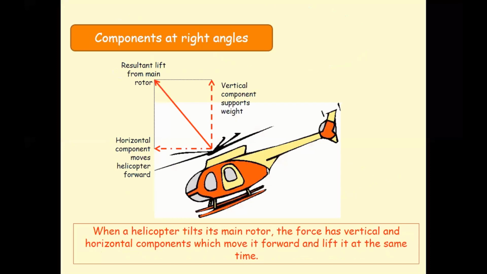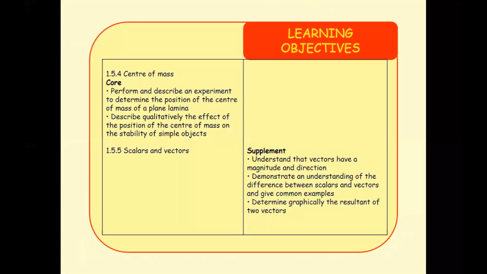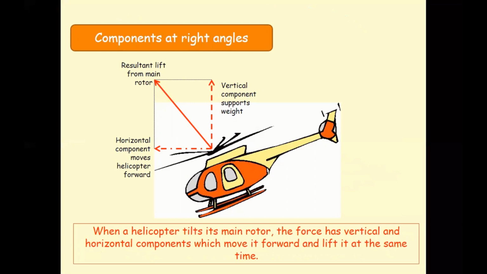And the components at right angles also help us make a proper vector diagram by using the head to tail rule, with the horizontal component along the x-axis and the vertical component along the y-axis. So this is kind of a supplementary recall of vector addition.